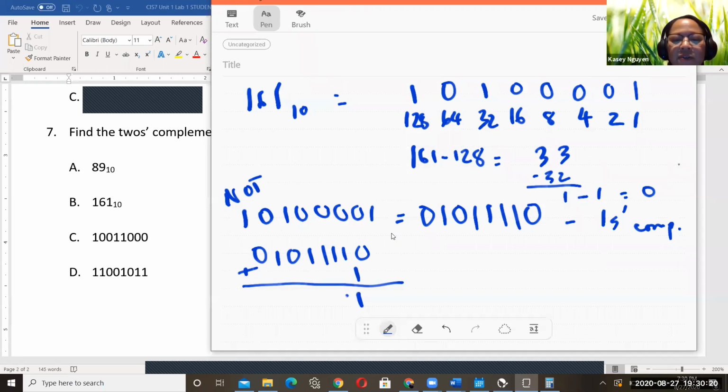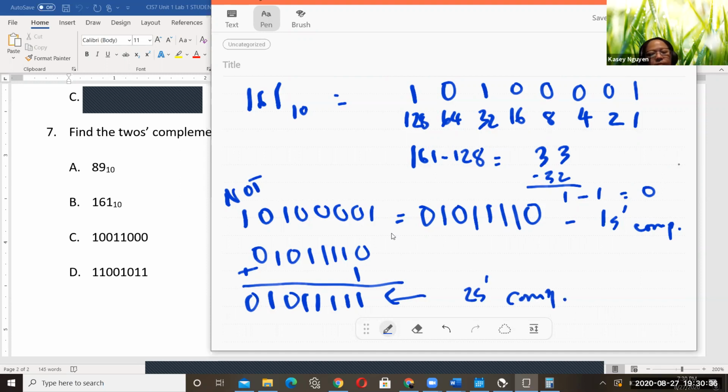Nothing carries, so drop everybody down: 0 1 0 1 1 1 1 1. And this is your output, the 2's complement. Okay?